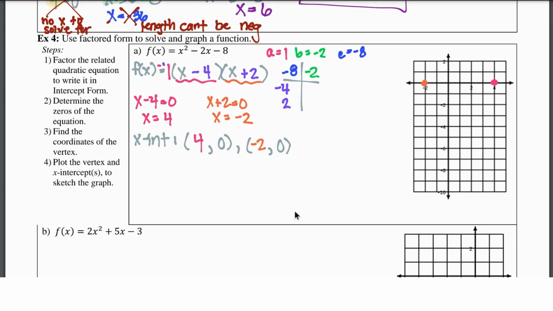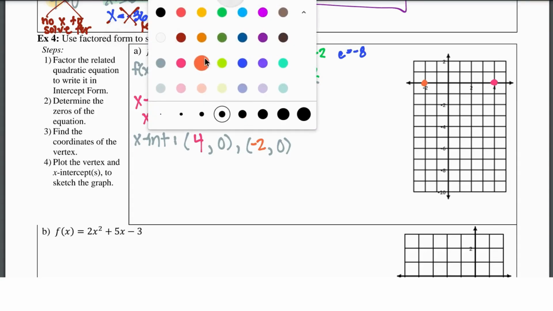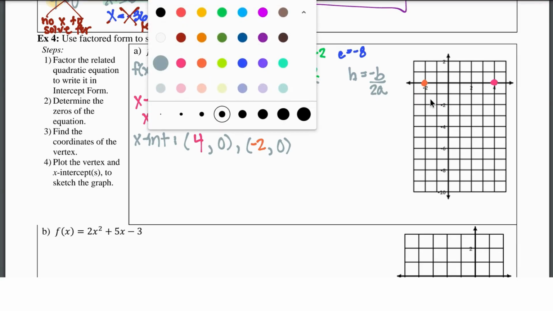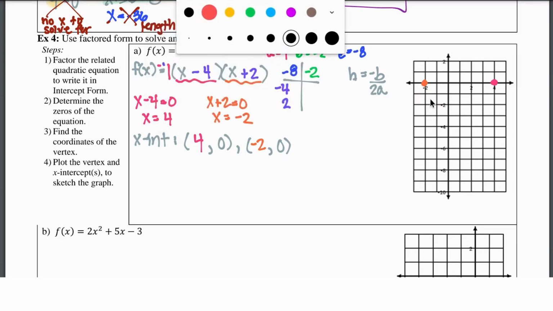So we know that we can find the vertex from standard form using -b over 2a. Remember that we learned that h is always equal to -b over 2a. One thing that is easy about a parabola and finding the center is that when I'm looking at my x values, I can actually just find the middle of my two x values to determine my axis of symmetry.